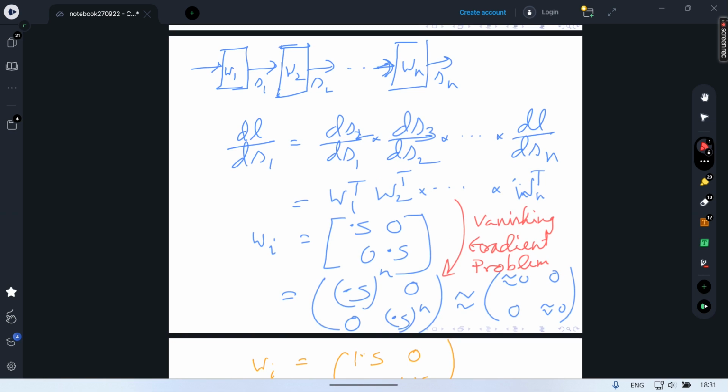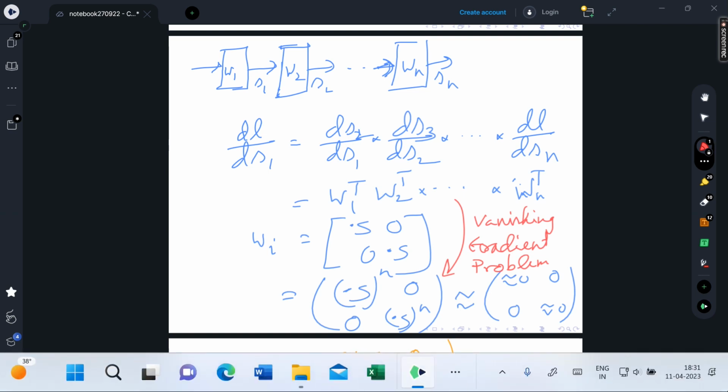It is much more common in recurrent neural networks, but for convolutional neural networks also this kind of problem appears.